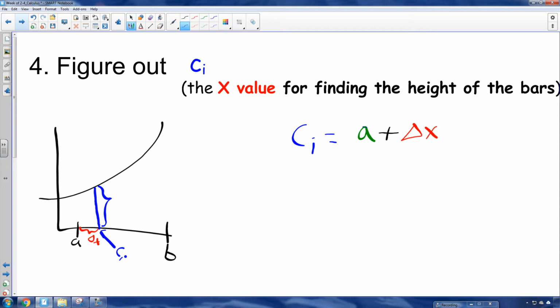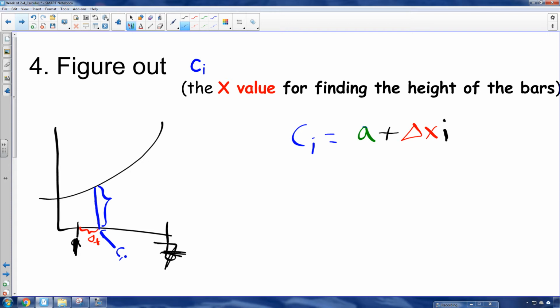Now why is it delta x times I? Because we're going to be getting an infinite number of c sub i's. So let's say the width of the bars was 1/2, and we were starting from wherever, let's say A is 1 and B is 7. Then we know that our first bar is going to be at 1.5.